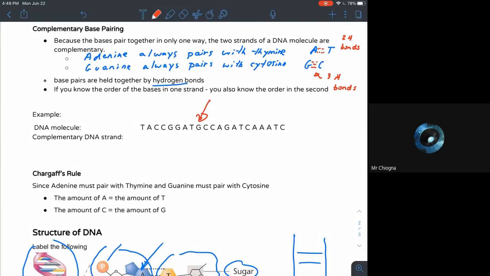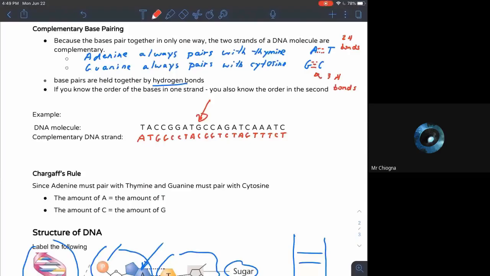A is always paired with T, and C is always paired with G. And that last one should be a G.